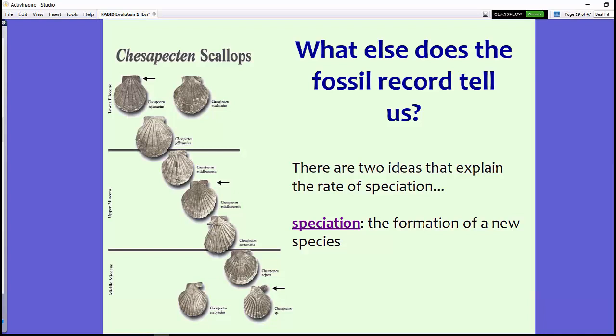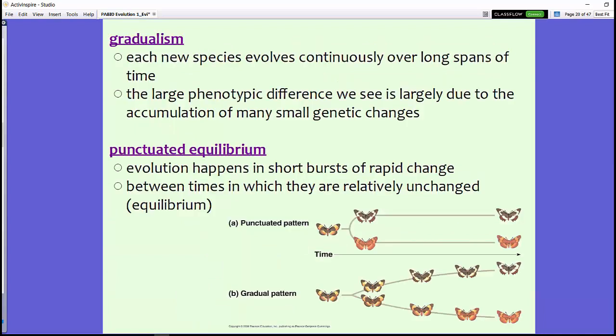These two ideas are punctuated equilibrium and gradualism. If you take just a gander at the names, you can probably tell that gradualism is a gradual evolving of a species into a new species over long spans of time. So this is a very gradual, continuous change.